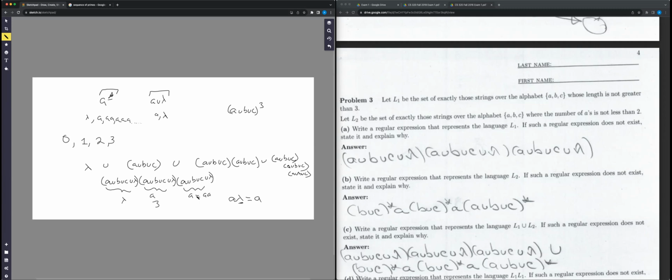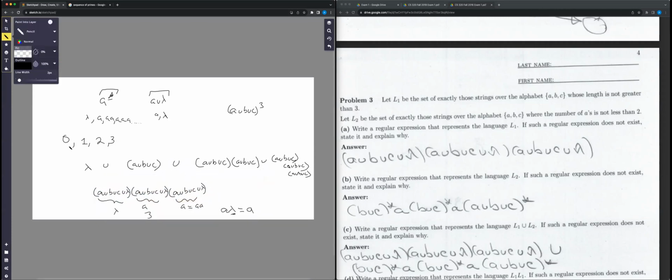So putting that lambda on the outside is the same exact thing as the way that she did it, where she put the lambdas on the inside. I'll explain the way I generated my answer. It's all the possible strings that are of length 0.